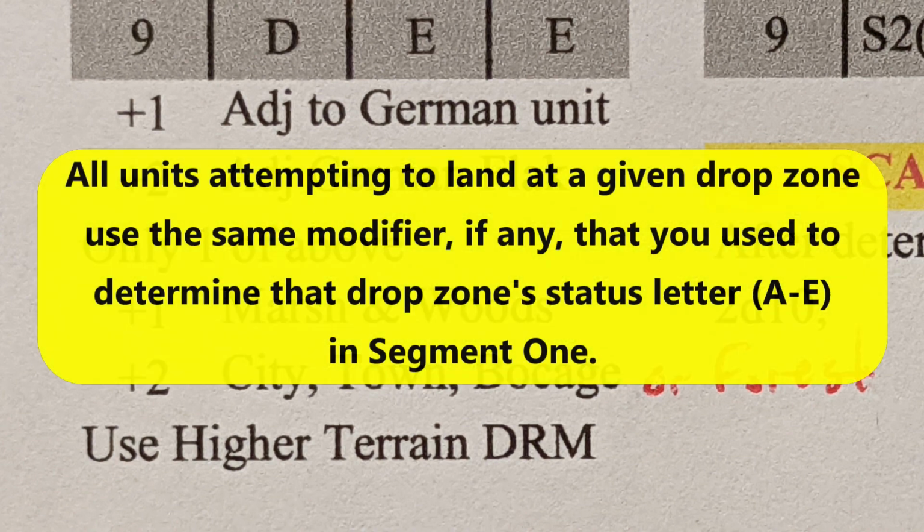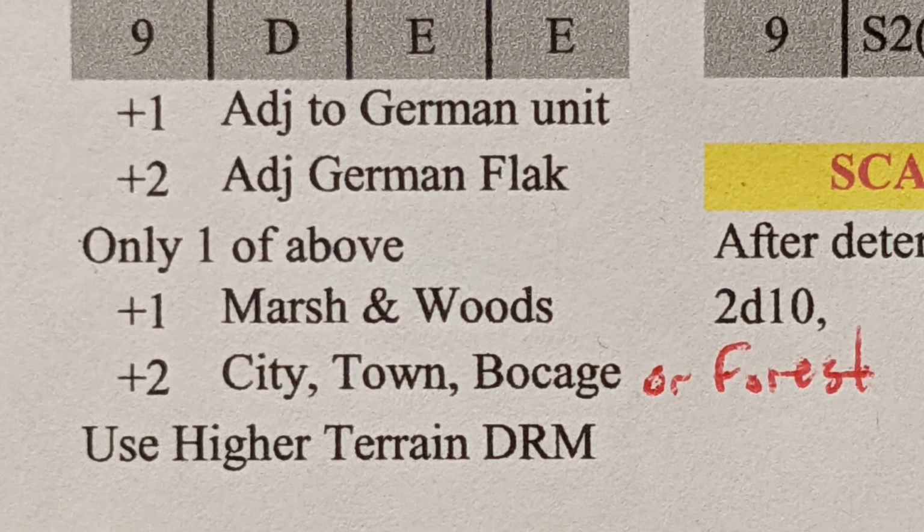Note that all units attempting to land at a given drop zone use the same modifier. Also note that if you did not record the modifier, you can calculate it now. Please refer to Part 2 of Tutorial 5 for instructions.